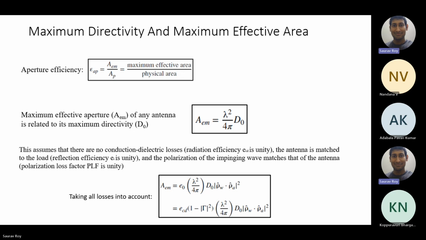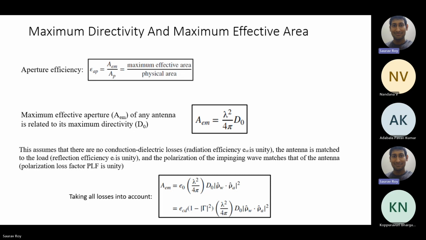That means the reflection coefficient was zero, and the polarization of the impinging wave matches the antenna. That means the polarization loss factor was also unity. I think the reflection efficiency would be 0 there; it is wrongly written as unity. So all these three lossy components have been taken as ideal to minimize the other losses.